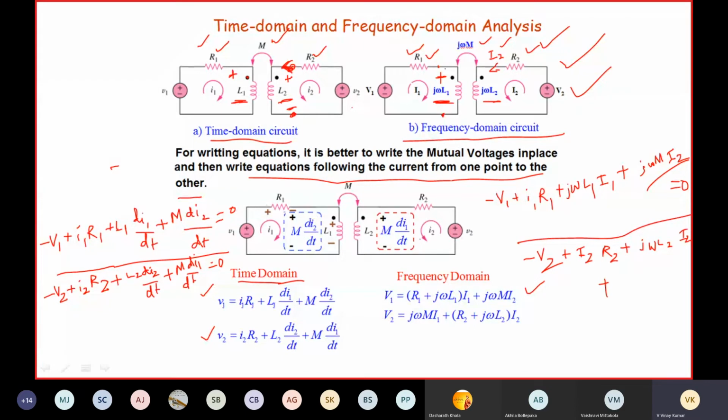Here I1 is entering the dotted terminal, so the voltage induced in coil 2 will be positive at the dotted terminal of coil 2. So anyhow you are collecting voltage at this point with this point, that will be positive. So plus j omega M I1 because of current I1, which is equal to 0. Then you have the equation: V2 is equal to j omega M I1 plus R2 plus j omega L2 into I2.